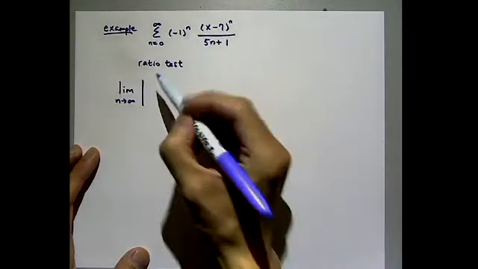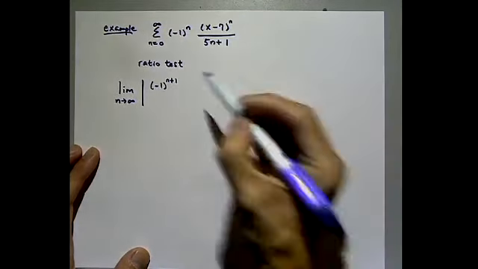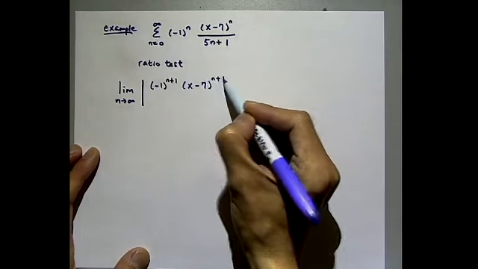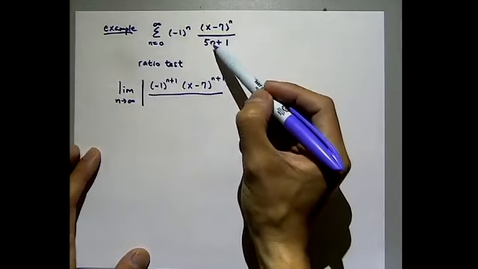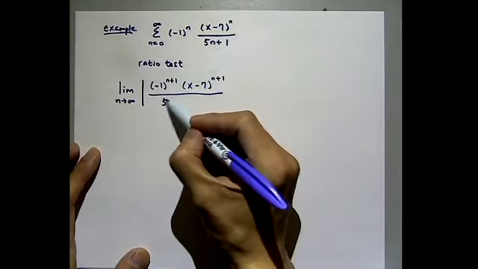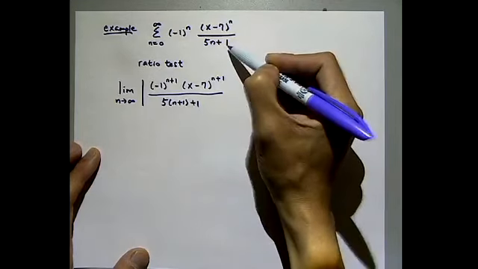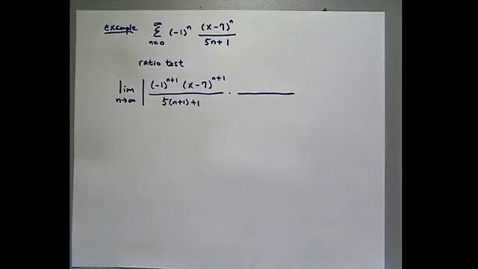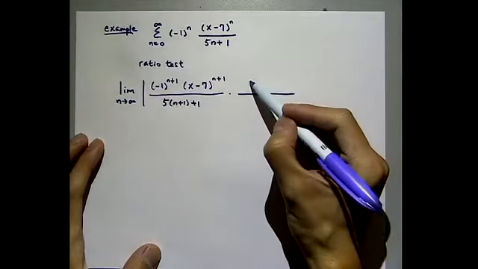So we get the n plus 1 term. And then downstairs, change that n to n plus 1, and the original plus 1. Then we divide it by the nth term, or multiply by the reciprocal of the nth term.